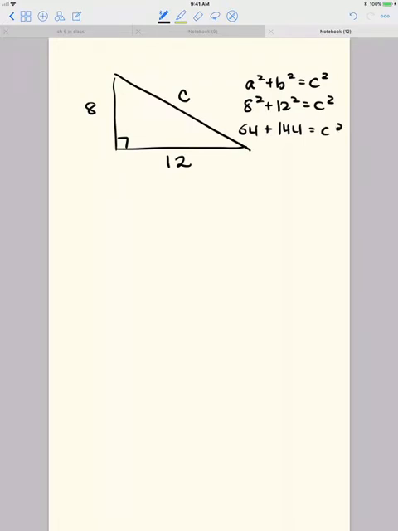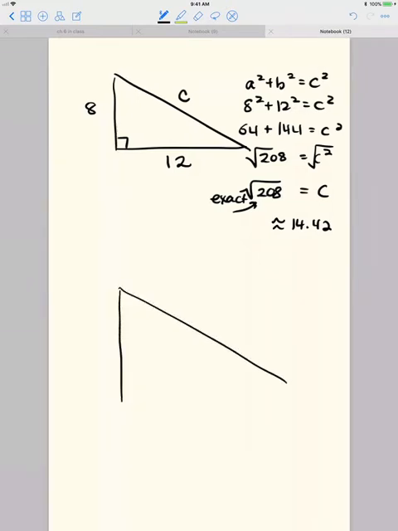You add those two together, you get 208. And then if you square root both sides, you get that c is the square root of 208, which is a decimal around 14.42, but you'll want to try to keep the exact answer, because if you round the decimal, it changes the answer.